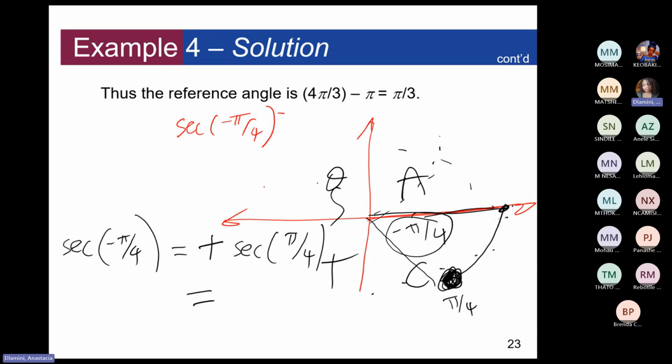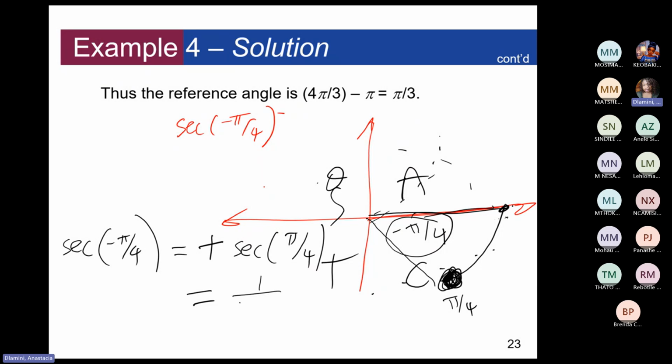What is the answer for cos of pi over 4? Guys, it should be in your mind. Root 2 over 2. Then sec is 1 over root 2 over 2. So cos is root 2 over 2.